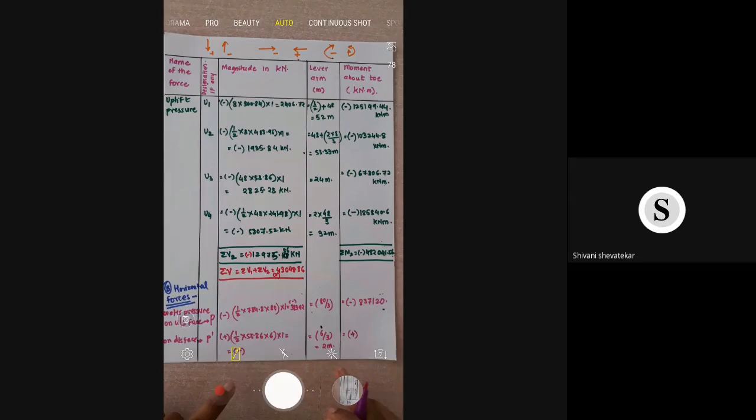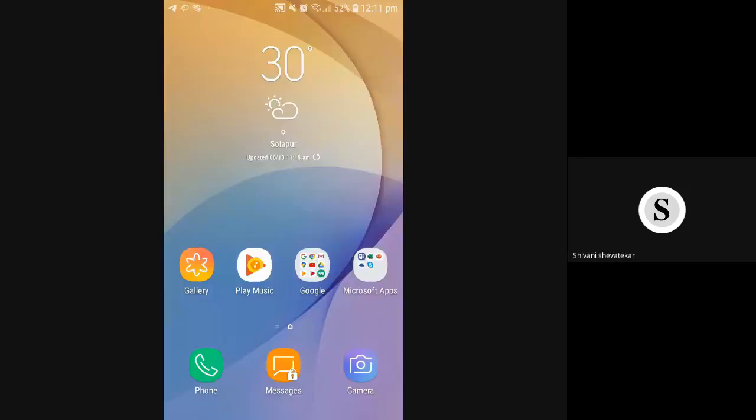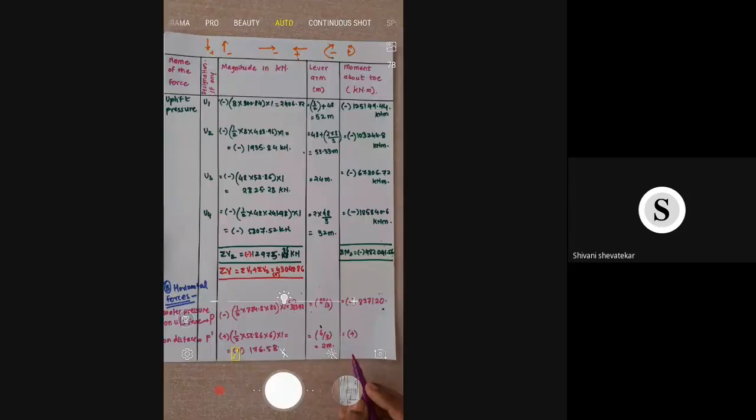The P dash value you are supposed to write multiplied by 2, you are supposed to write it over here. So what is the value of P dash now? Half into 58.86 into 6 into 1. 176.58 multiplied by 2, that will be the moment. 353.16, yes, correct.